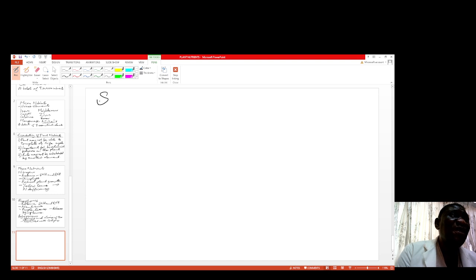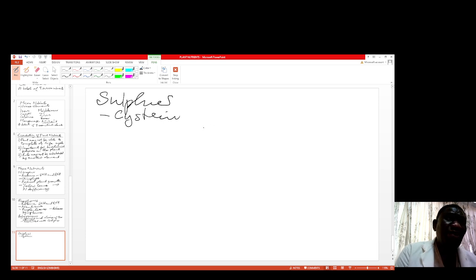Sulfur may also be added in our organic fertilizers. Sulfur. This is important for amino acids such as cysteine, which contains sulfur. Also glutathione, which is protein.